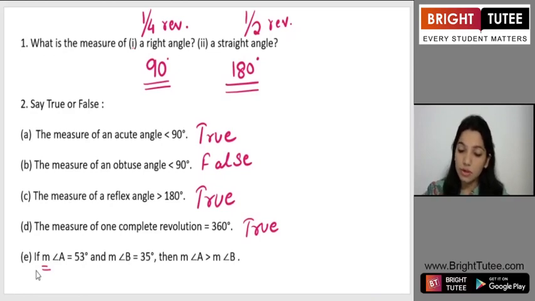Then the measure of angle A is greater than the measure of angle B. So what do you think? Is angle 53 bigger or angle 35 bigger? Obviously angle 53 is bigger because 53 as a number is bigger than 35. So yes, this statement is absolutely true again. This angle A is bigger than angle B.